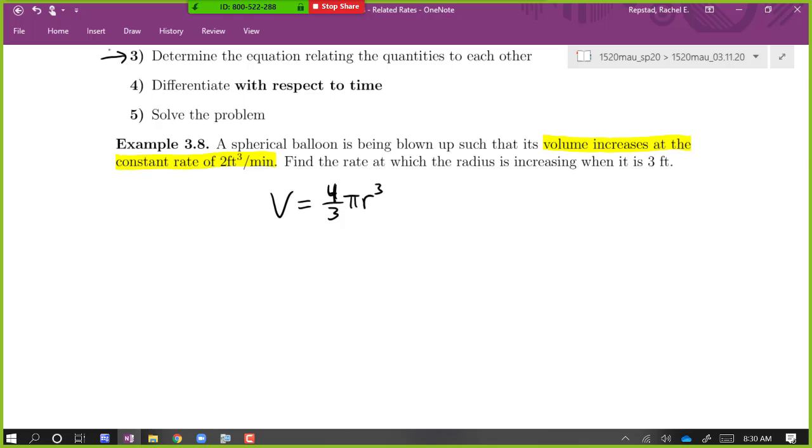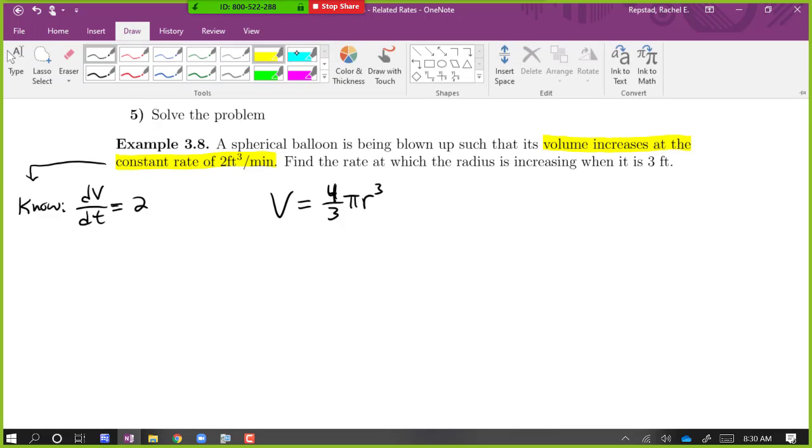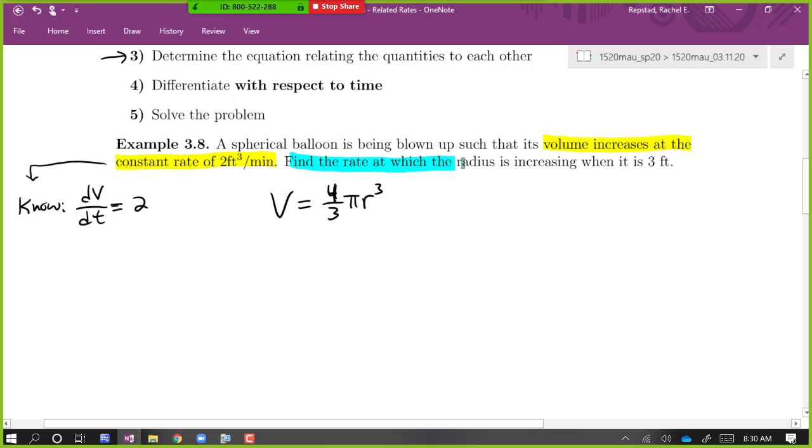So what we know here is that dV/dt is equal to 2. It's constant at 2. And now they're asking us to find another rate, find the rate at which the radius is increasing when the radius is 3 feet.